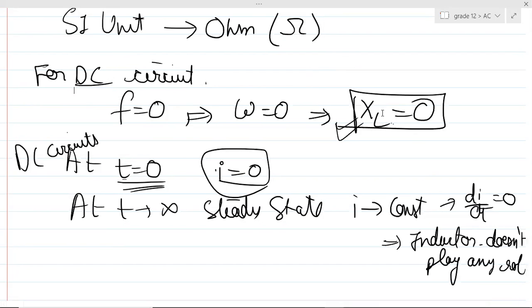Clear? So with this, I'm done with the 3 main things. In the next class, I'll connect all of them in series and parallel, generally in series, because parallel is easy. I'll tell you how to deal with the parallel connection. We'll see the RLC series circuit, all three of them combined together.